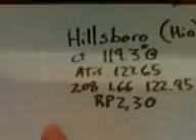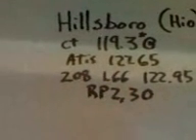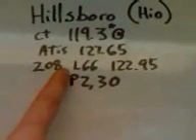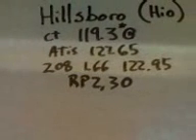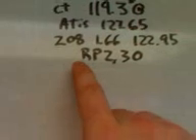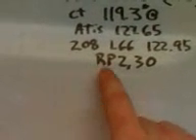Of course, it gives you the ATIS and their frequency. 208 is the elevation. The L means lighting system is available from sunset to sunrise. 122.95 is the common traffic frequency, and then RP means right patterns for runways 2 and 30.